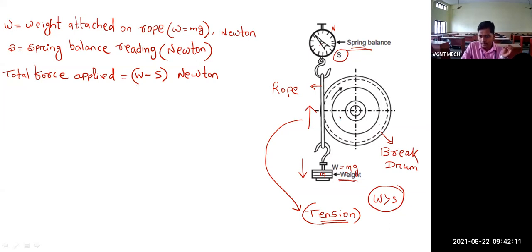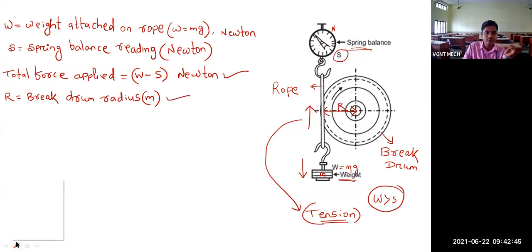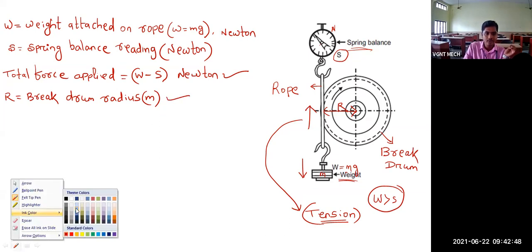Now for this brake drum, suppose the radius is capital R. What is this capital R? Capital R is the brake drum radius in meters. Total force we got is W minus S Newton, and the brake drum radius is capital R. So can we calculate the torque or not? Because everything we have calculated.